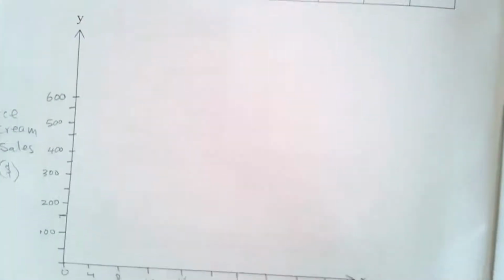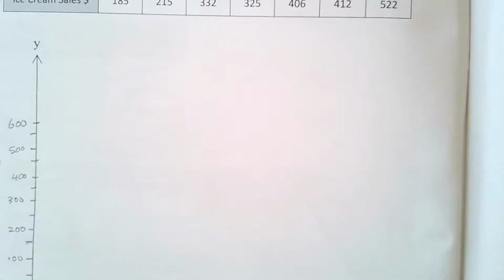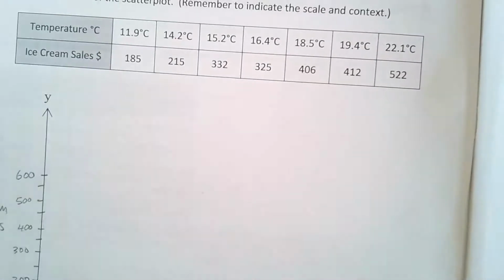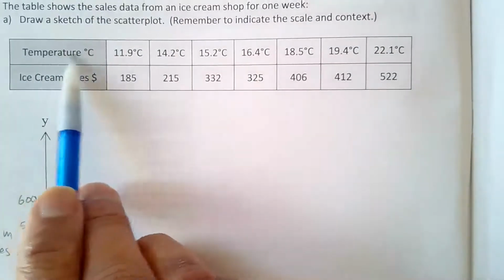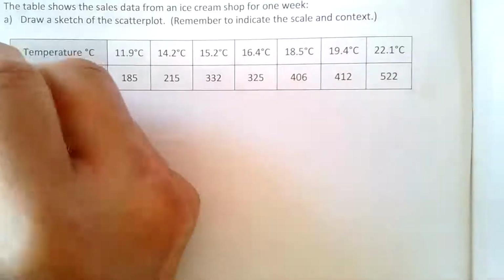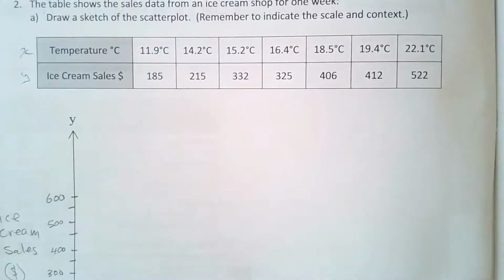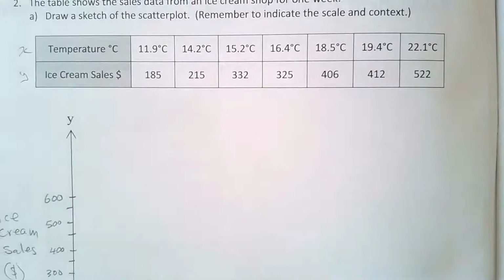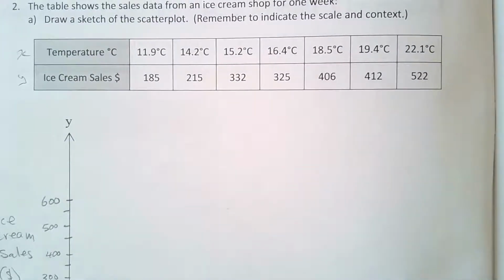Now, I went ahead and looked at my data. If you look at your data, you're going to find that this will be your X values, and this will be your Y. Your temperature is your X, and the ice cream sales is your Y coordinate.